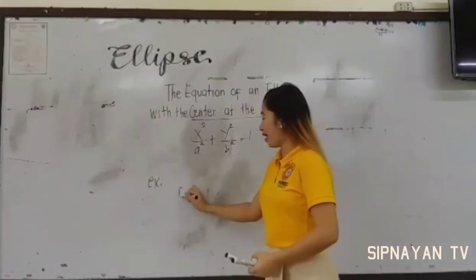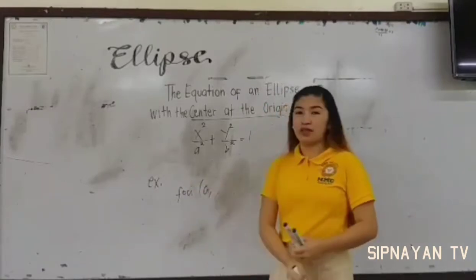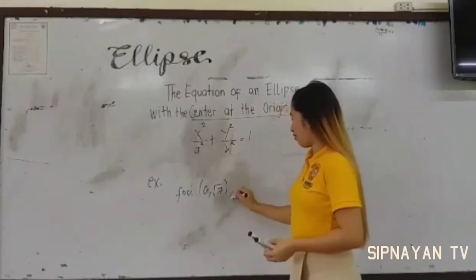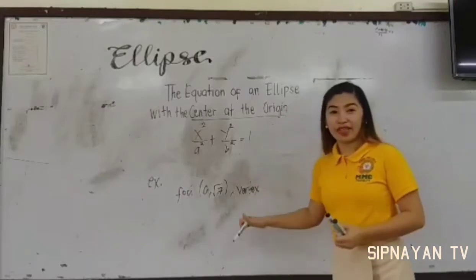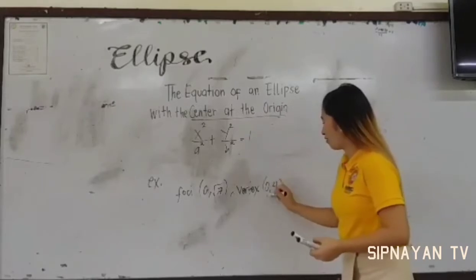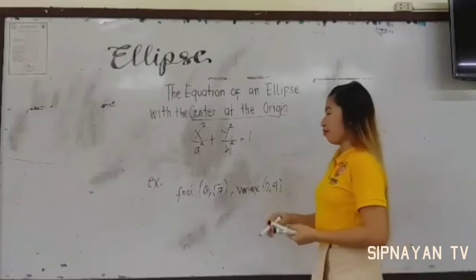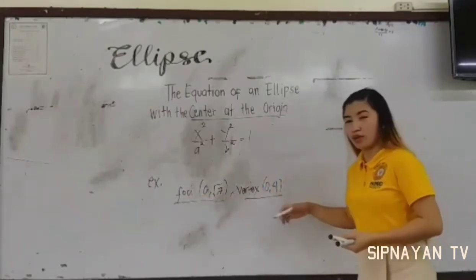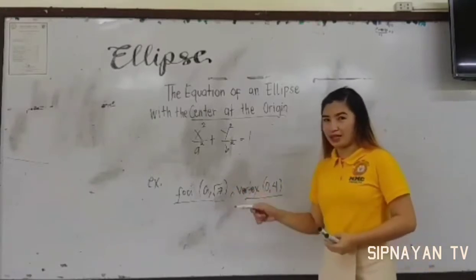For example, we have foci (0, square root of 7) and a vertex. Ang vertex natin is (0, 1). So from that table, we can see these two given points are parallel to the y-axis.